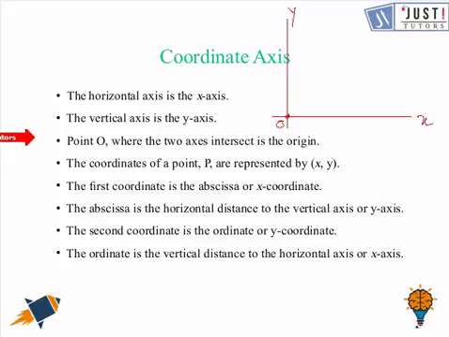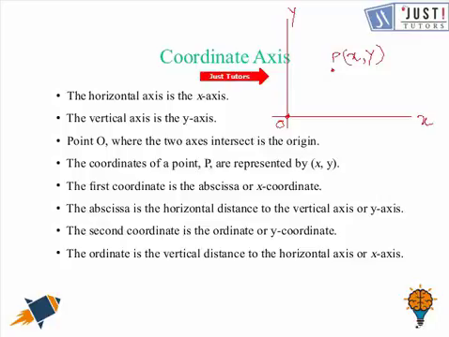Then the coordinates of point P are represented by x and y. So let's say this is your point P. Its coordinates will be written as x first and then y. The first coordinate is the abscissa or x coordinate. It is the horizontal distance to the vertical axis or y axis.